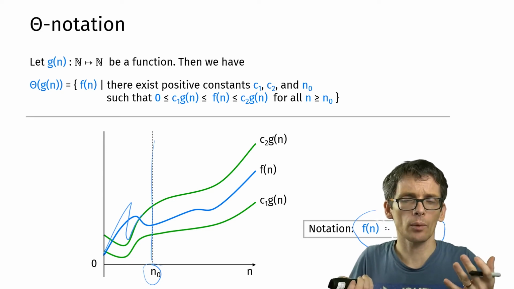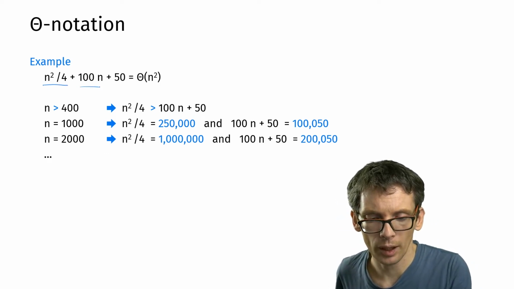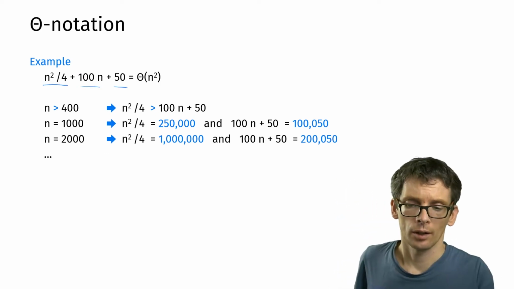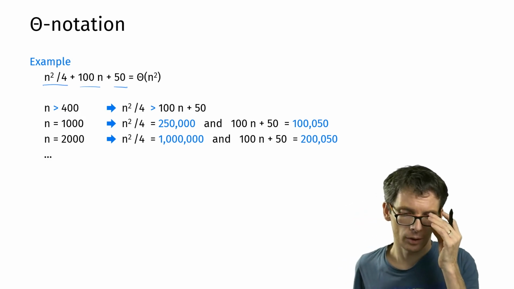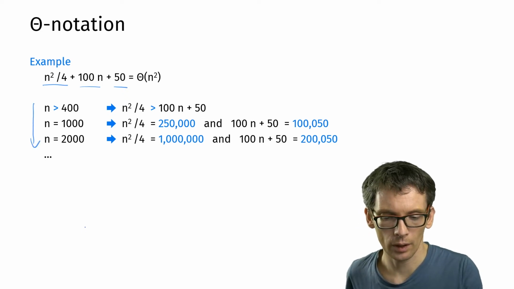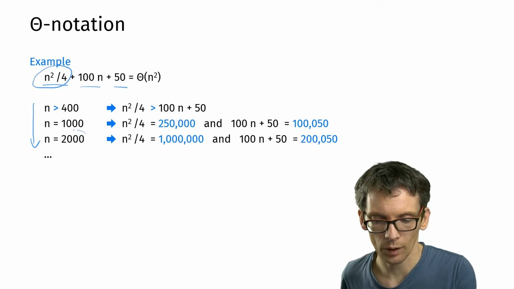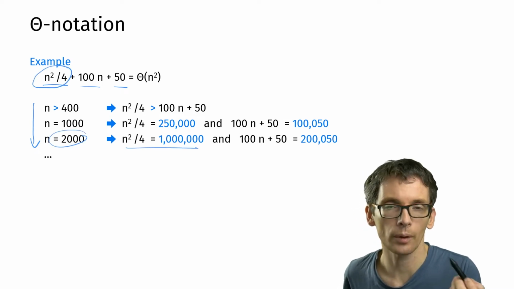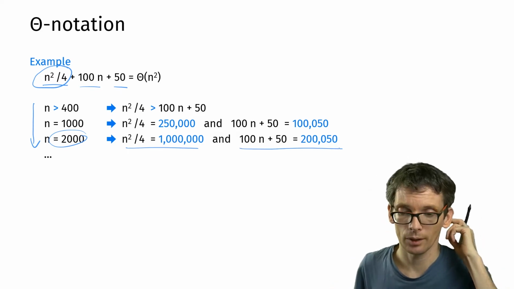And again, why are we interested in growth rate? So n squared divided by 4 plus 100n plus 50 is in theta of n squared. And what we see is if n increases, eventually the quadratic term, let's say for n is 2000, the quadratic term is already 1,000,000, while the linear term and the constant term are still tiny.